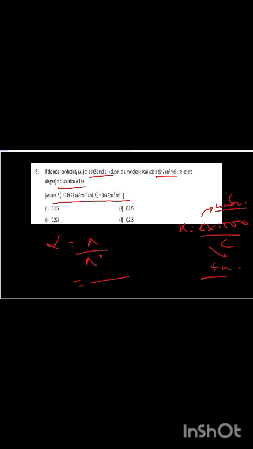So lambda naught of the monobasic weak acid, suppose M plus and minus ion values are given, suppose MOH, its lambda naught will be the sum of these two terms, 349.6 and 50.4, which comes out to be 400, and lambda is given as 90, so 90 by 400, 9 by 40.